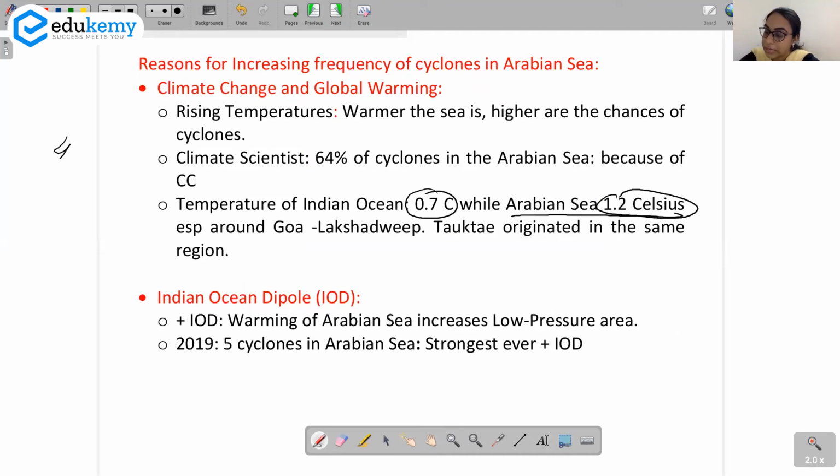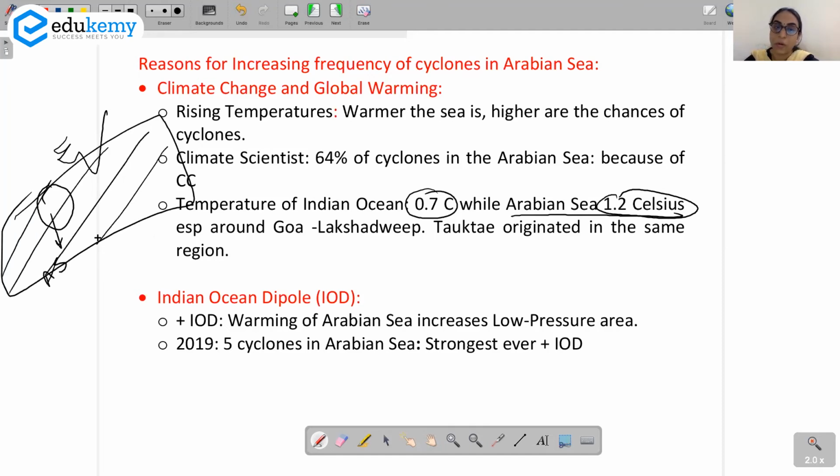So the increase in temperature in the Arabian Sea is more as compared to the overall Indian Ocean, and especially around the Goa and Lakshadweep area, there is more increase in the temperature. That is one reason.